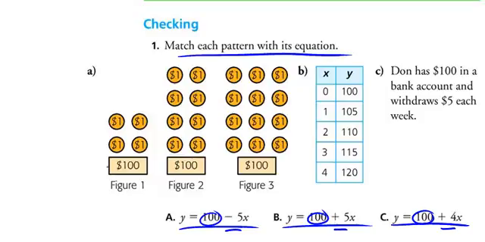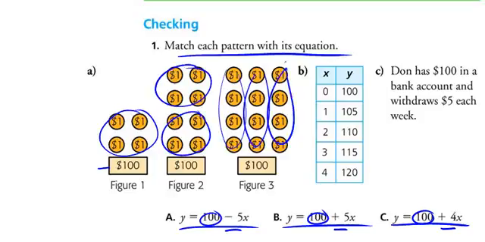In A, we've got 100, and we have 4, and then here it seems to go up by 4, and here, yes, we're going up by 4. So this must be pattern A, because we've got a rate of change here of 4.